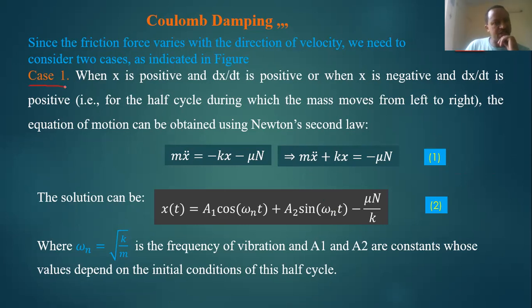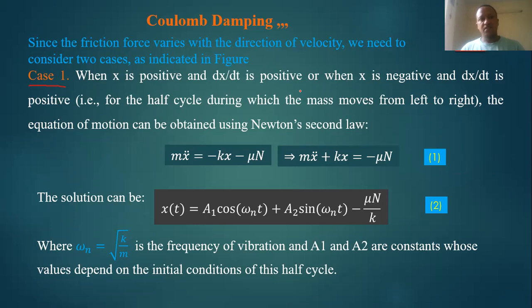Let's consider case 1. When x is positive and dx/dt is positive, that means the object is moving towards the right, from left to right.